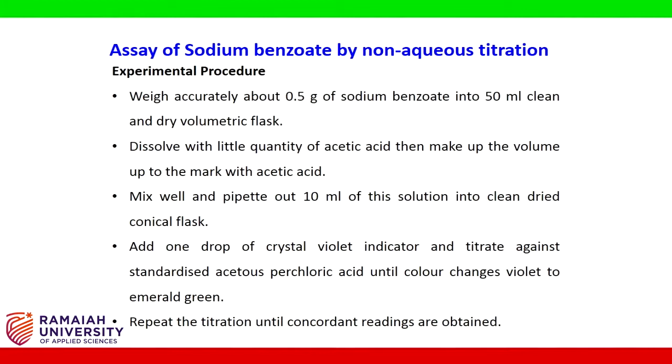Add 1 drop of crystal violet indicator and titrate against standardized acetous perchloric acid until the color changes from violet to emerald green. Repeat the titration until concordant readings are obtained.